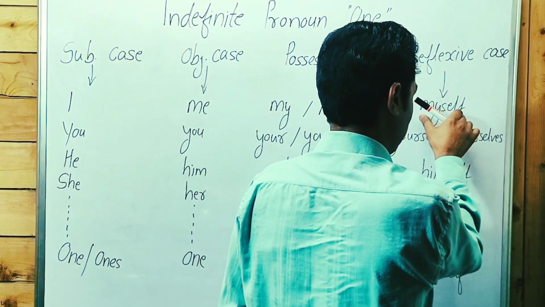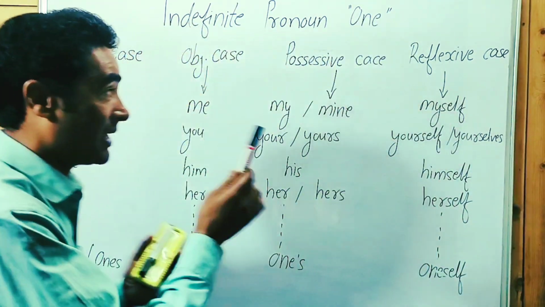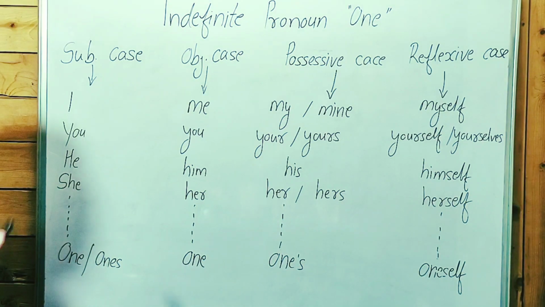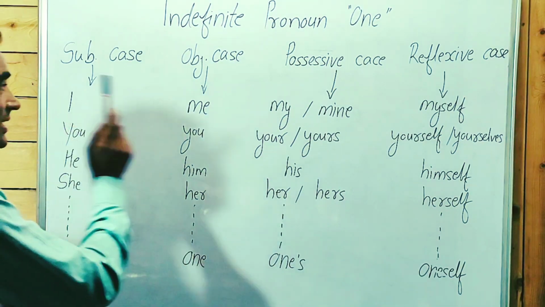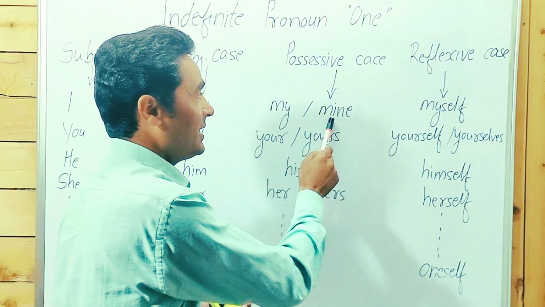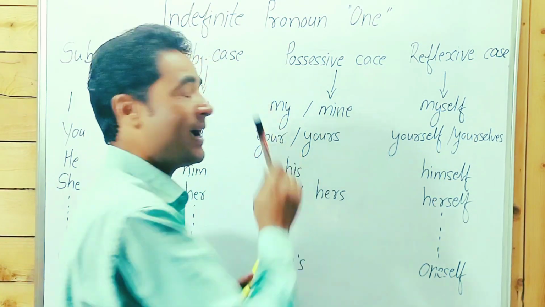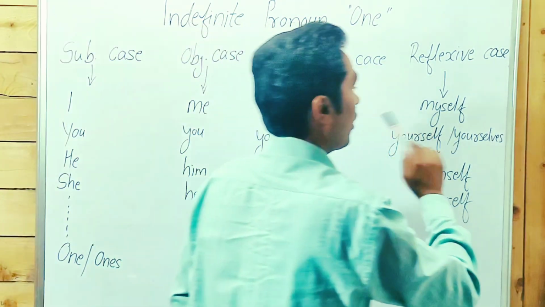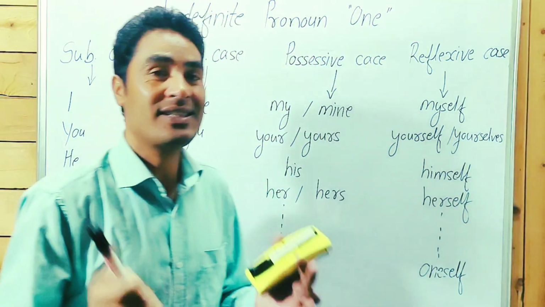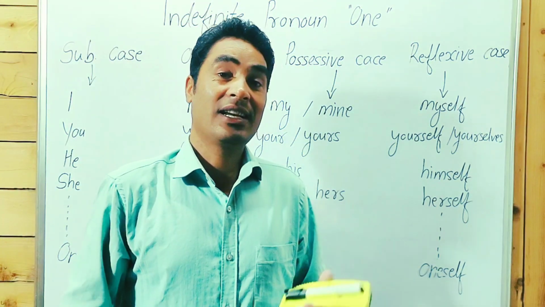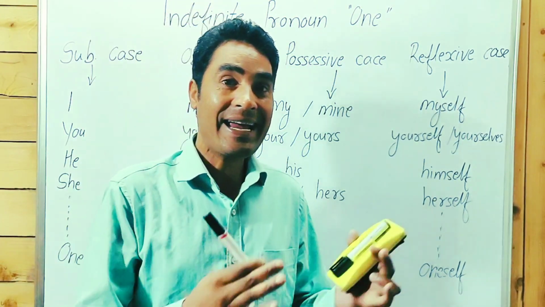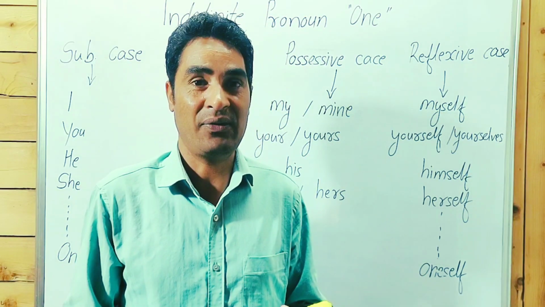Now, 'myself' is the reflexive case of pronoun. So: I, subjective; me, objective; mine, possessive case of pronoun; my is an adjective. When we talk of 'myself', it is the reflexive case of pronoun. I do this work myself.